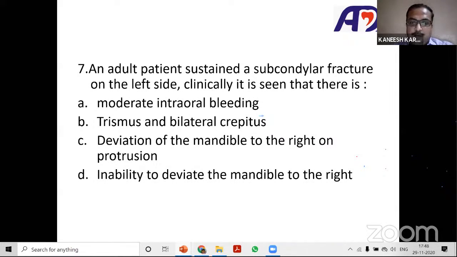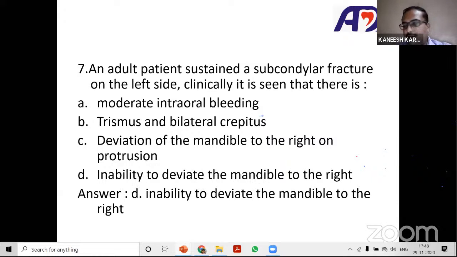Correct. So inability to deviate the mandible to the right, because deviation of the mandible to the right is the action of the left lateral pterygoid muscle. Can you see this?